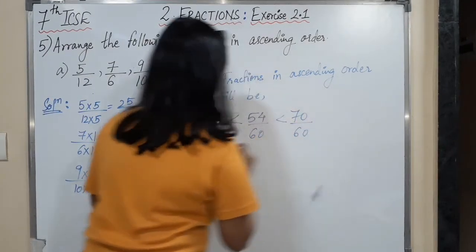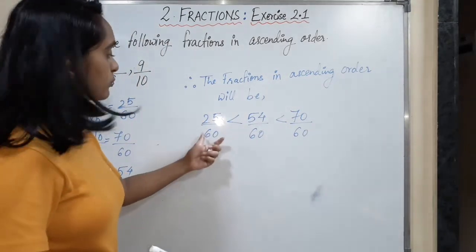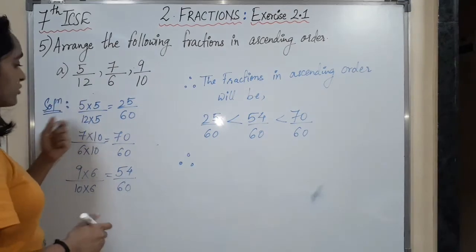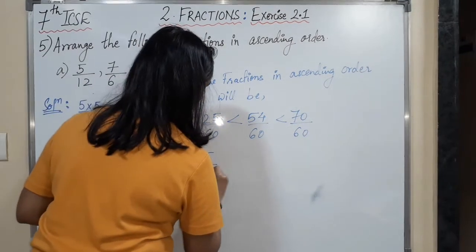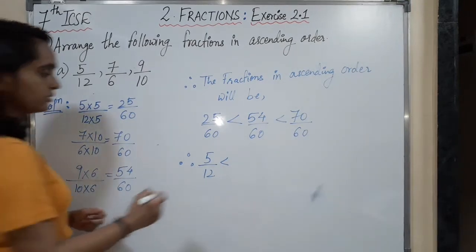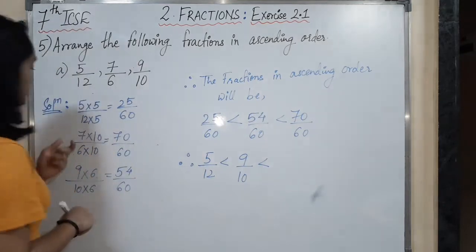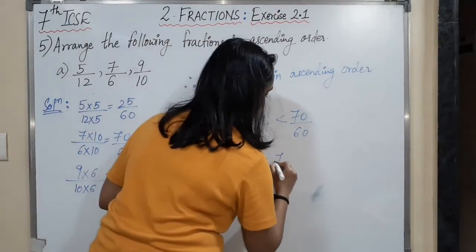The equivalent fraction of 25 upon 60 was 5 upon 12, so 5 upon 12 is less than 9 upon 10, which is less than 7 upon 6.